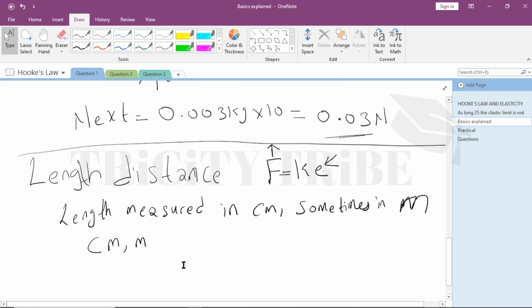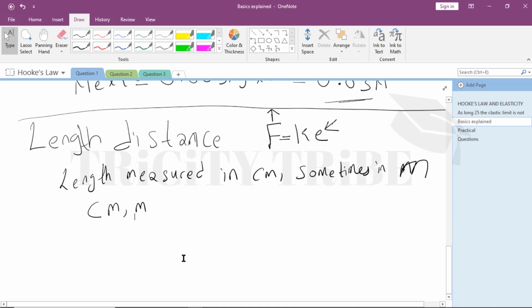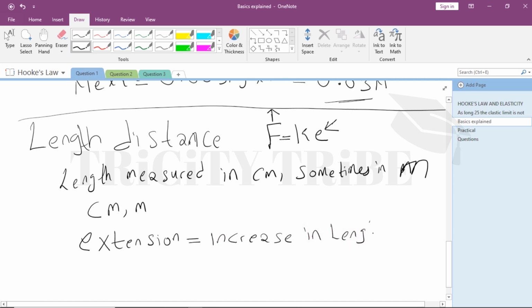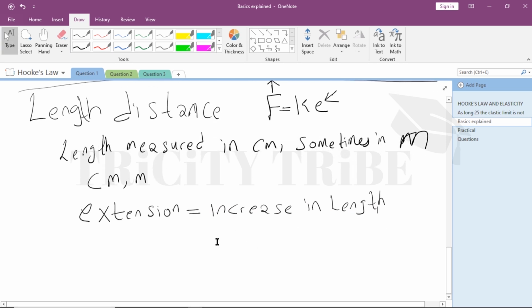Alright. I want you to understand that the extension is the same as what? Increase in length. Do you understand?